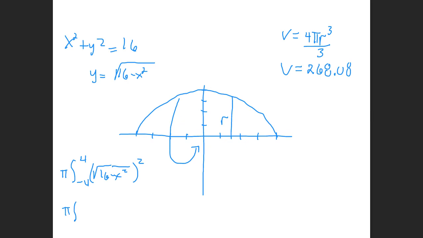So it would be pi times the integral from -4 to 4 of 16 minus x squared. I want you to plug that into your calculator, and make sure you know how to use your calculator to find integrals. So what do you get when you take the integral from -4 to 4 of 16 minus x squared and multiply that by pi?